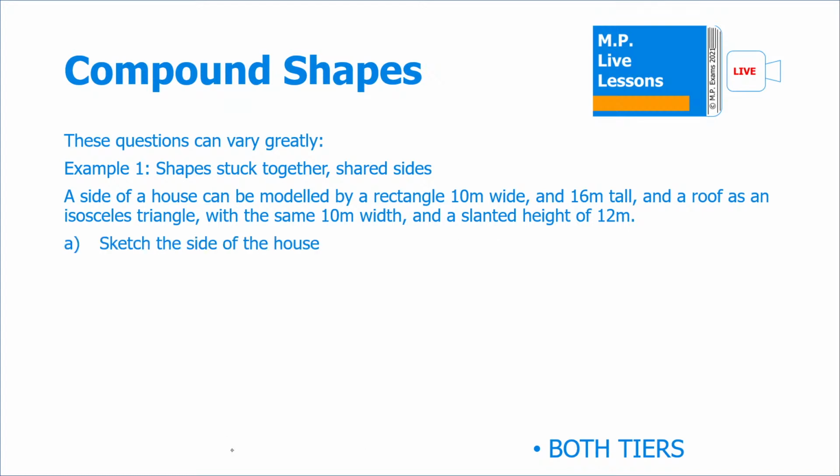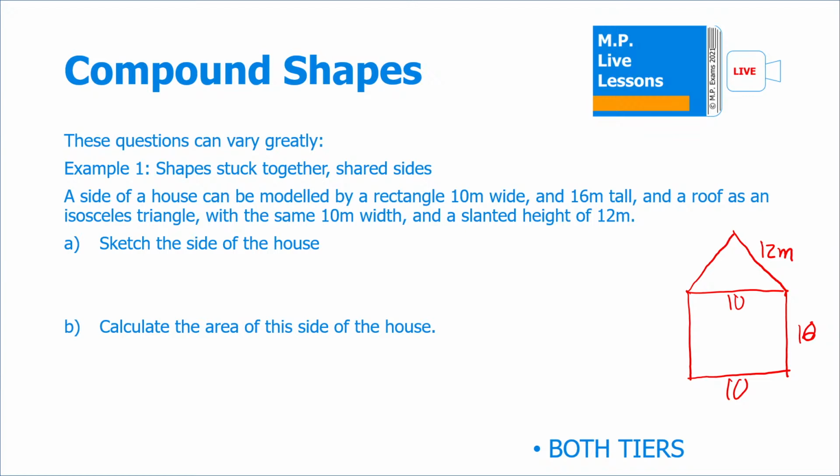So if I sketch the side of the house, that's 10 meters tall, 16 meters tall, 10 meters wide, and we've also got the triangle here with a slanted height of 12 meters. So we want to sketch that already, and we want to calculate the area.